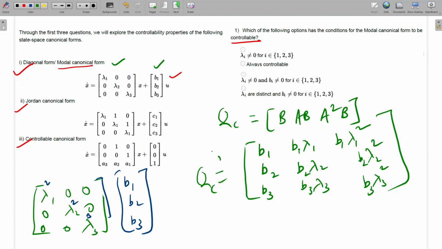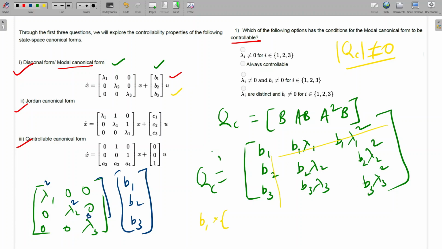So if we simplify this, the determinant of QC should not be equal to 0. Then only it will be controllable. Determinant of QC should not be equal to 0, then only we can say that this is in the controllable form. So we can calculate the determinant of this. I'm taking B1 common, then it will be this and this.